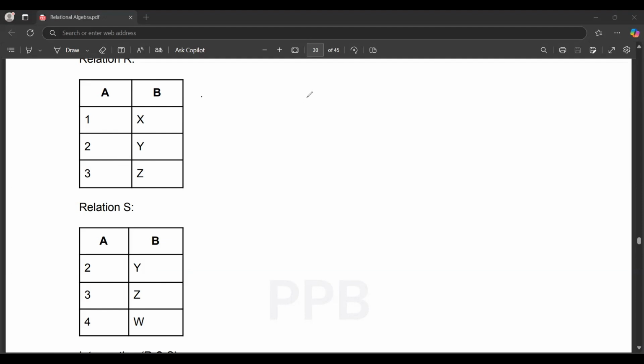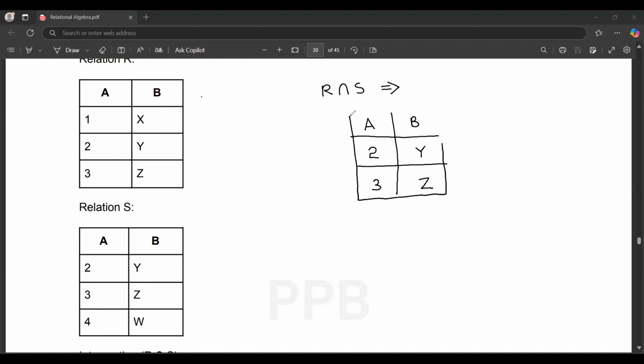If I run the intersection operation on relation R and relation S, the output will be A, B, 2y, and 3z. This will be the output since only these two tuples are present in both the relations.